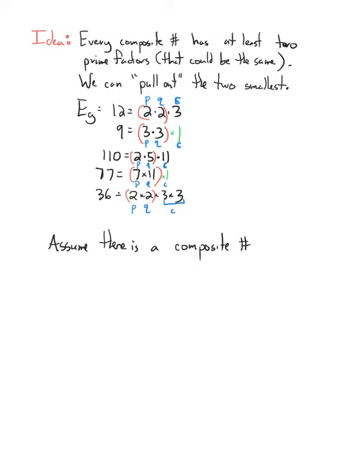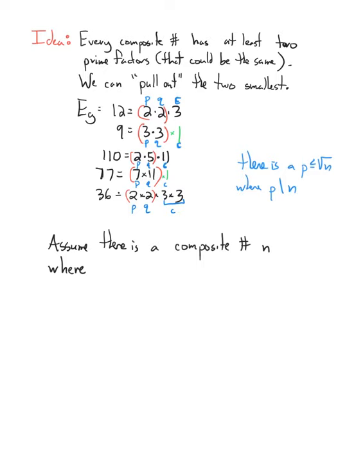So that's the if part being true. Let's call it n. Where, if you remember, the then part said there is a p less than the square root of n where p is a factor of n.